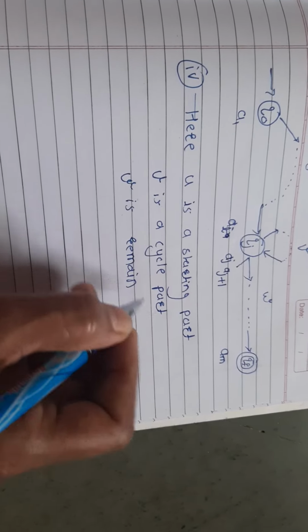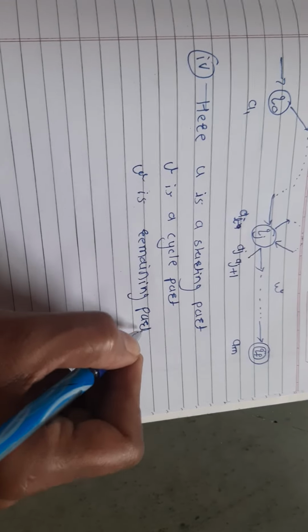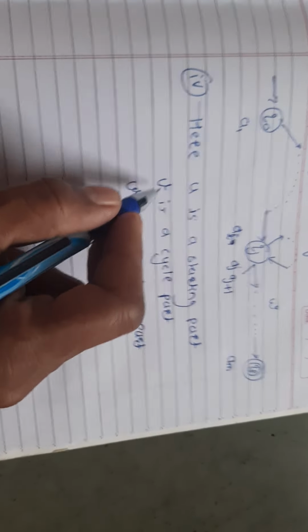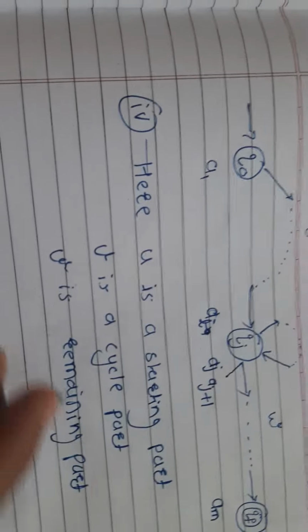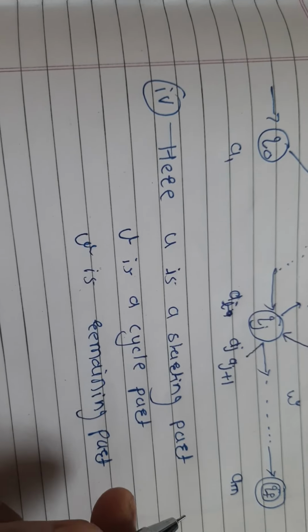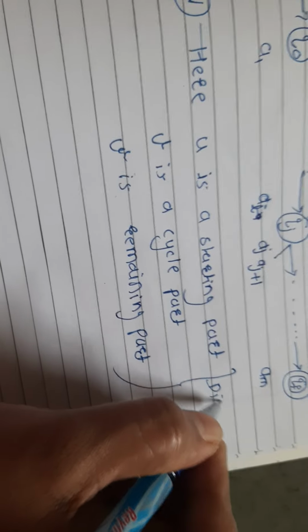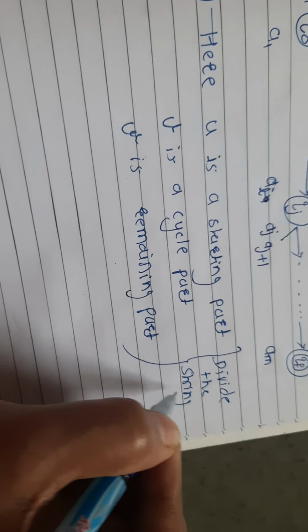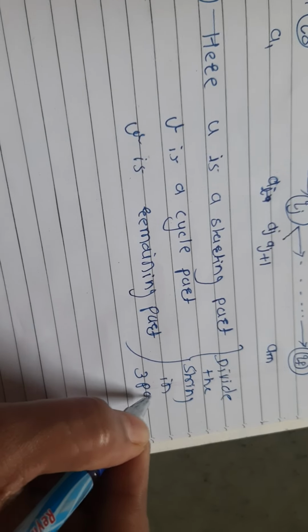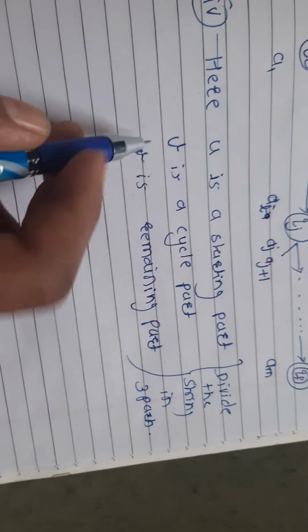It is optional, it may exist or may not, but there must be some characters in the cycle part, that is the v part. Now divide the string in 3 parts. This way we divide the string in 3 parts, so here we have divided the string into u v w.